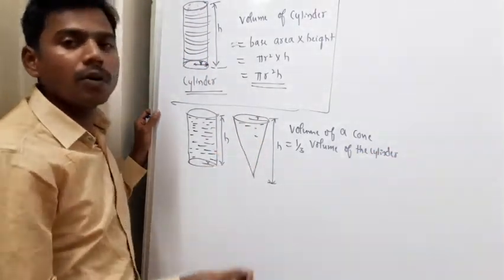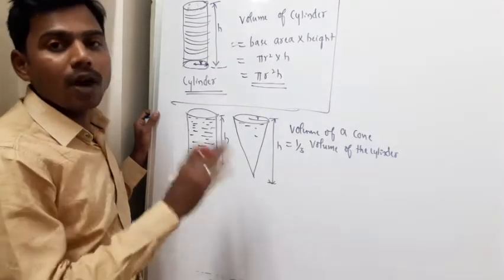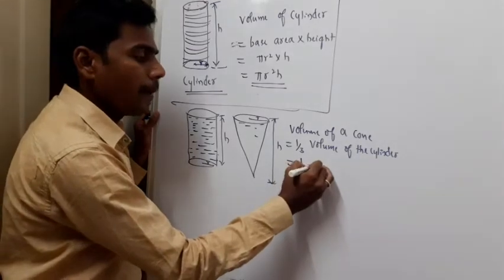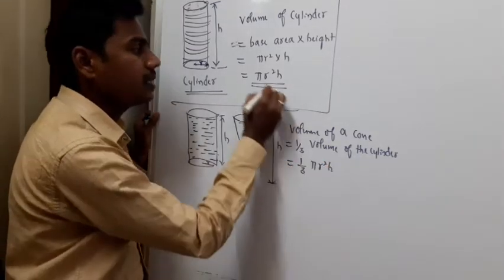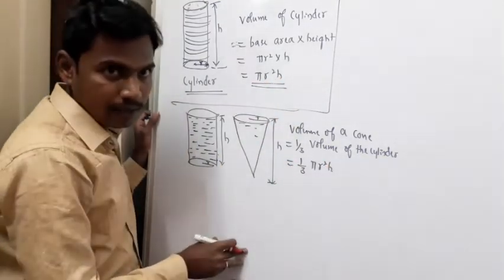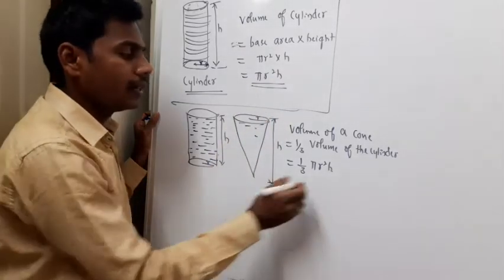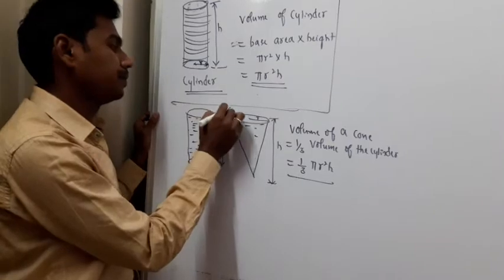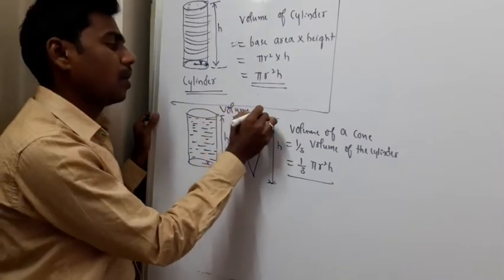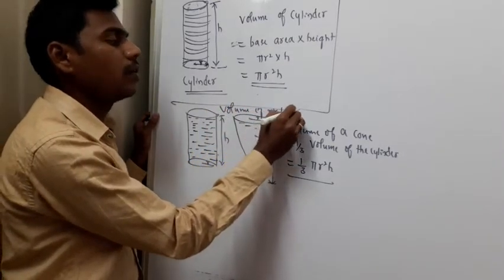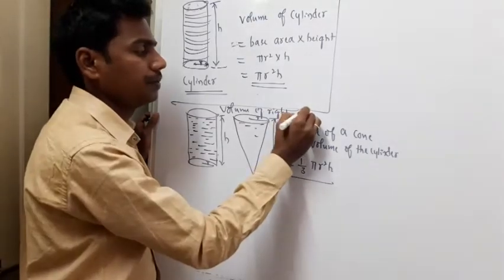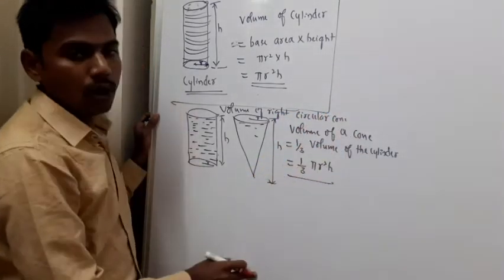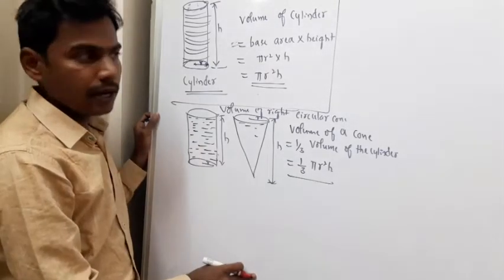You know, just now we calculated the volume of the cylinder, that is pi r square h. In case of a right circular cone, which I told you about, the volume is 1/3 pi r square h.